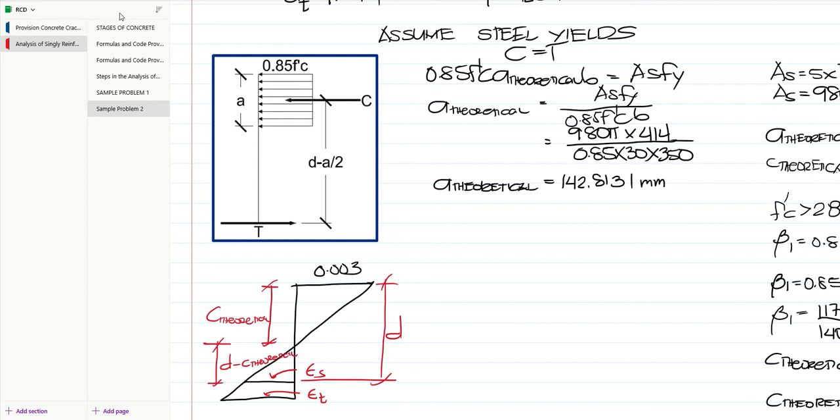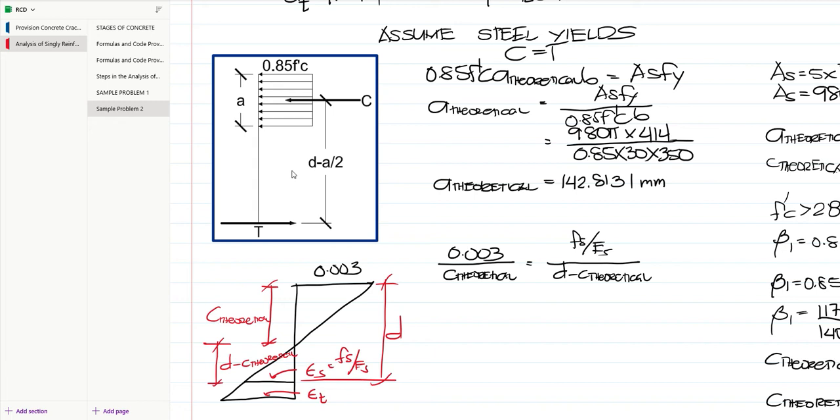So, syempre, using the similar triangles, yung epsilon sub s natin dyan is equivalent to a value fs over our Es. So, that will be 0.003 divided by our C theoretical is equal to our value fs over Es divided by d minus C theoretical.